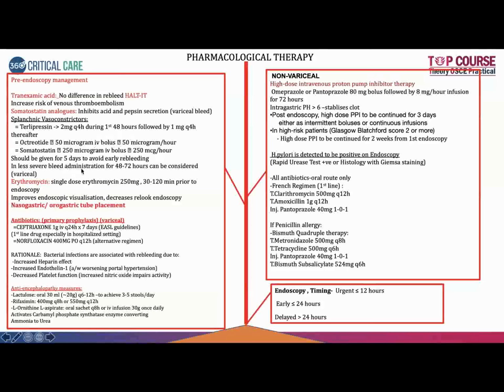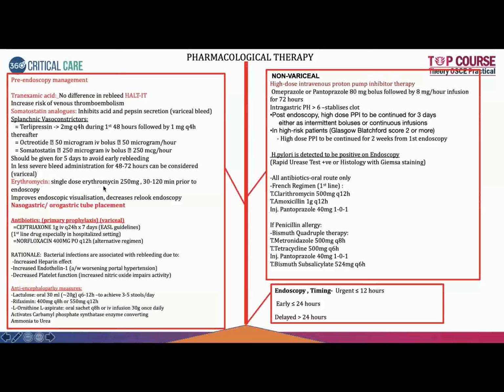But if endoscopy has been done and if there is any lesion and endoscopic therapy has been done, then it can be discontinued after the next 48 to 72 hours. So is there any role for erythromycin?